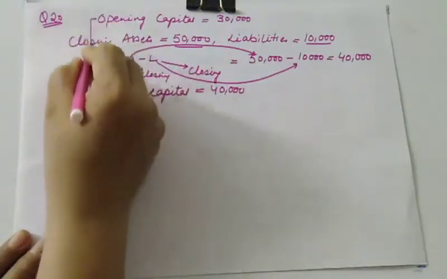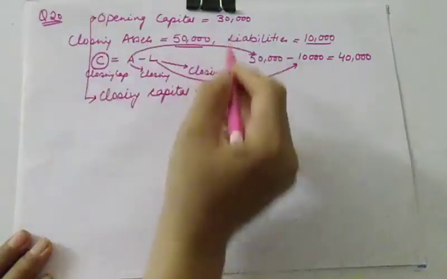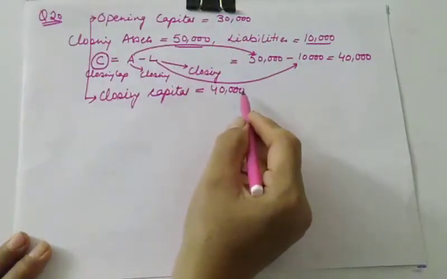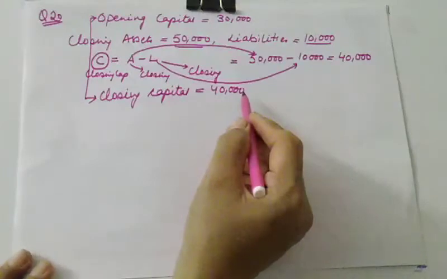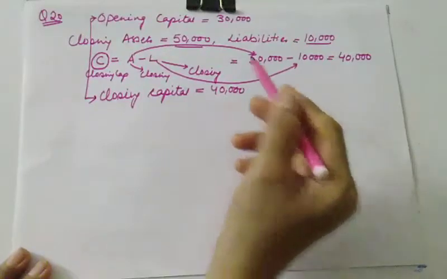So now see opening capital and closing capital. Opening capital was 30 and closing is 40, and no other item is given to you. So we assume that this increase in the capital is due to profit.